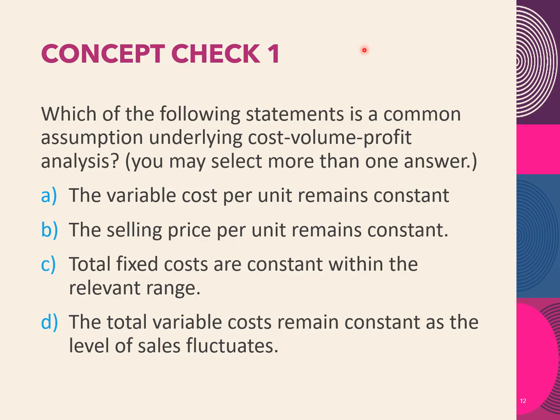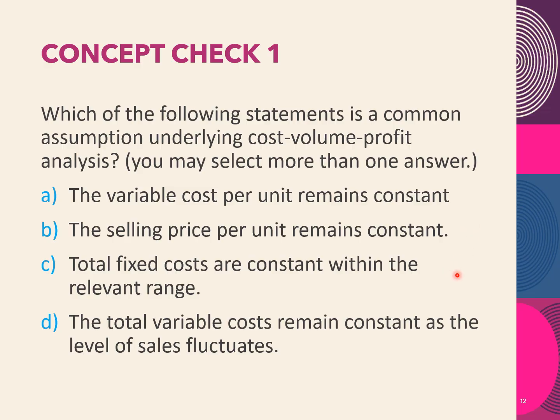Concept check number 1. Which of the following statements is a common assumption underlying cost volume profit analysis? You may select more than one answer. A. The variable cost per unit remains constant. B. The selling price per unit remains constant.